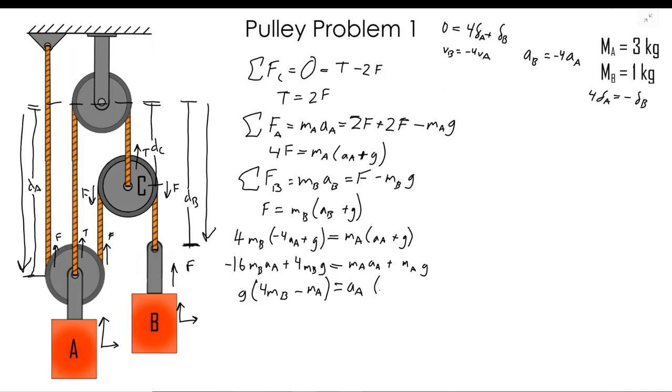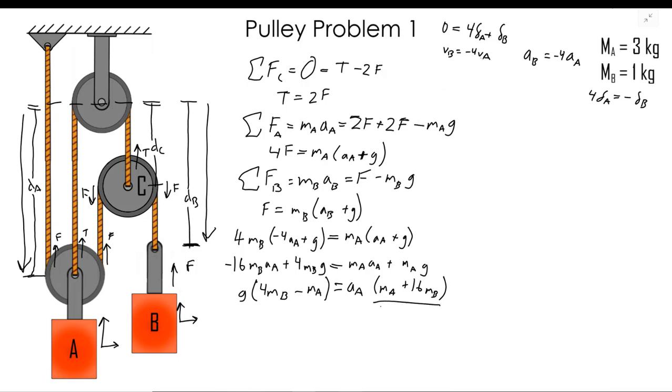Naturally, that's just going to be MA, and then because we're adding that to this side, 16MB. So now let's divide both sides by that.